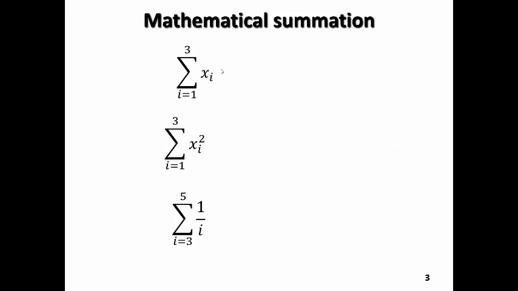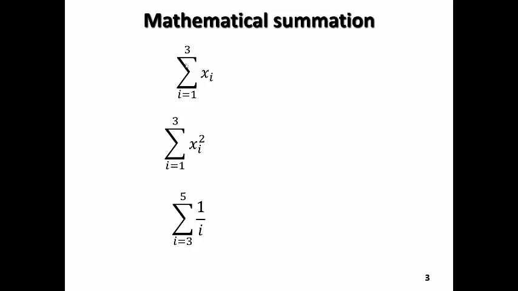Now we're going to start with an example. Here we see sigma, the summation notation, with the index of summation starting from 1 up to 3. So we're going to substitute x sub i with 1, and then we're going to add that to the next number after 1, which would be a 2, and then we would add that to the next number following the 2, which is a 3, and we stop at 3.